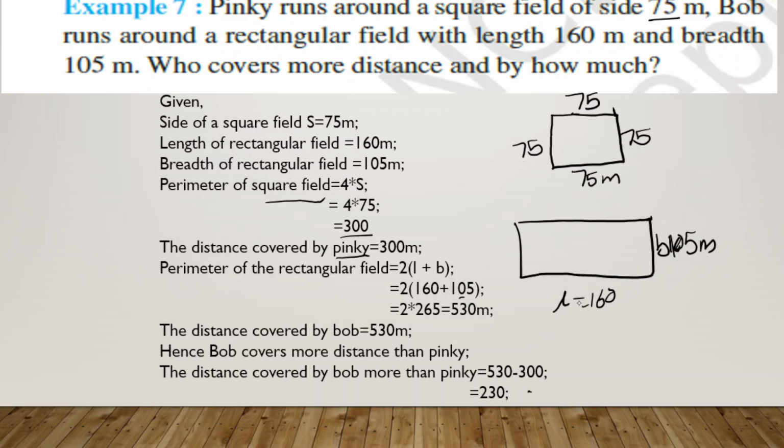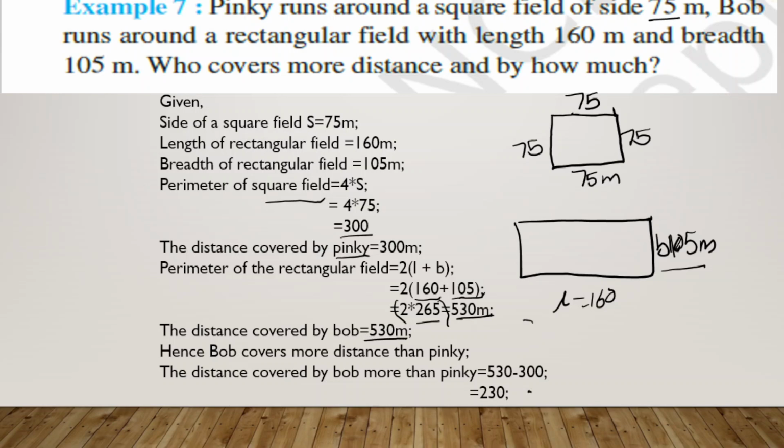And the perimeter of the rectangular field is 2 into (L plus B). Let's substitute the values: L is 160 meters and B is 105 meters. So 160 plus 105 is 265. So 2 into 265 is 530 meters. So the distance covered by Bob is 530 meters.